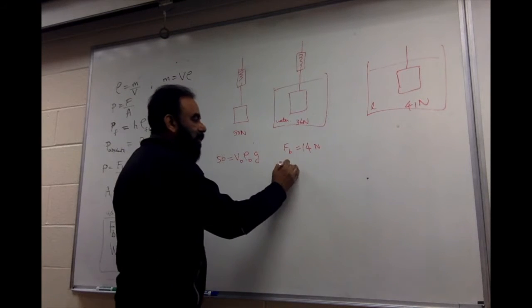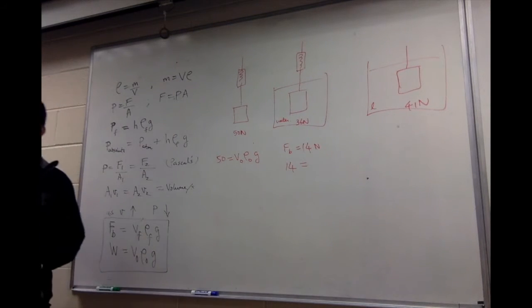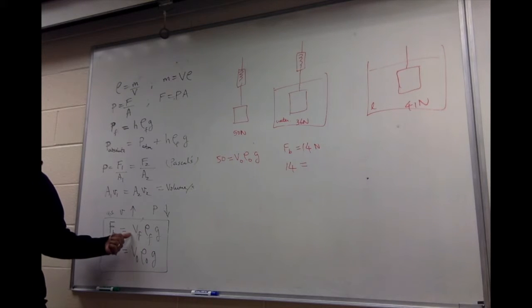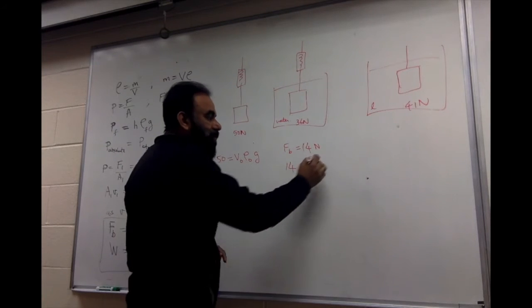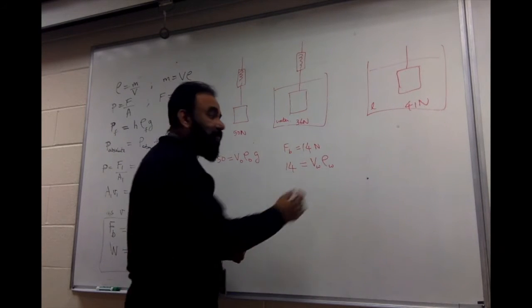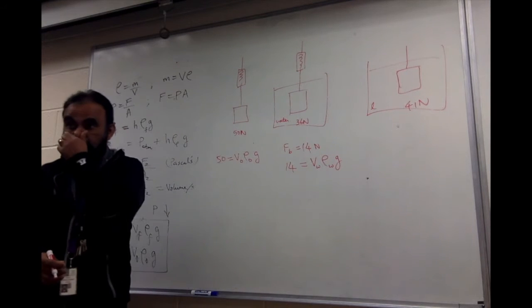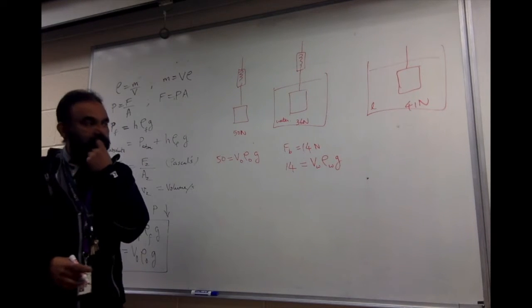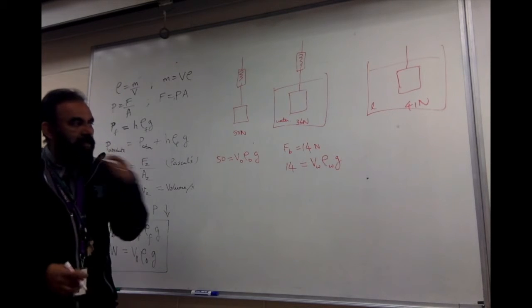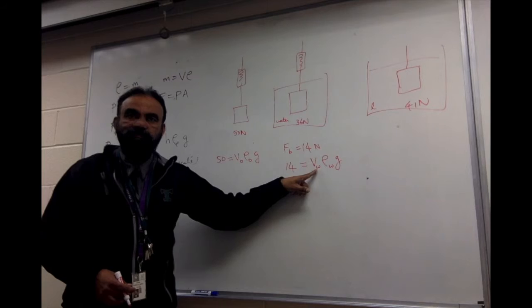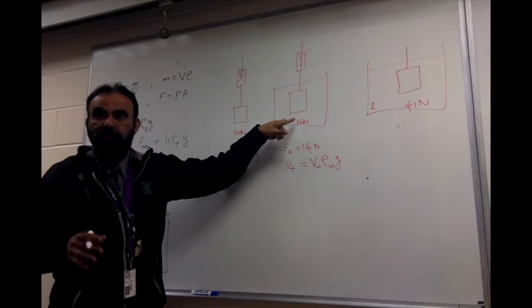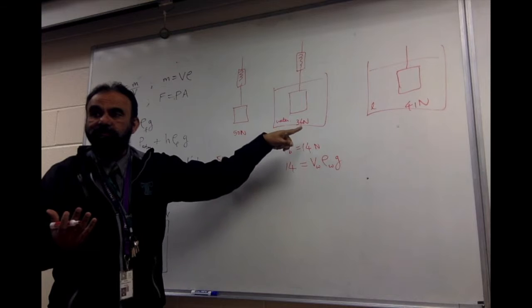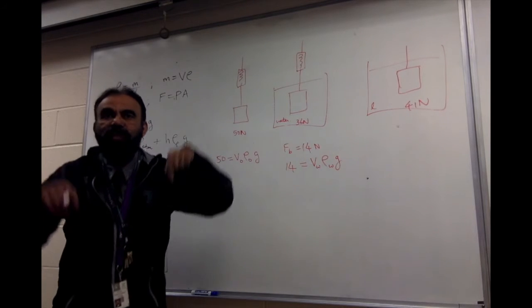What's the buoyant force formula? Volume of the fluid displaced, which is volume of the water displaced, times density of the water, times gravity. Is that clear? What do you know about the volume of the water displaced and the volume of the object? Are they the same? Yes, because it's fully inside.